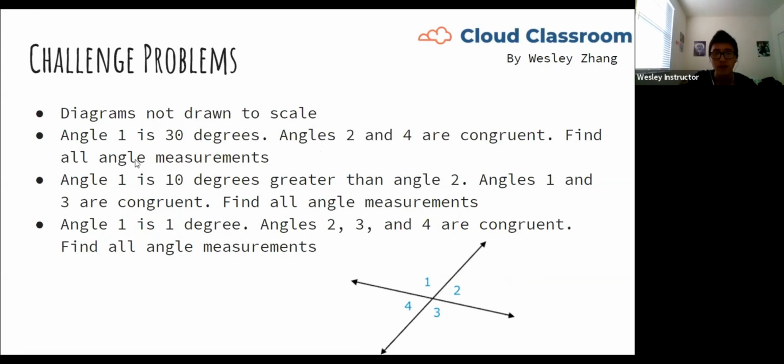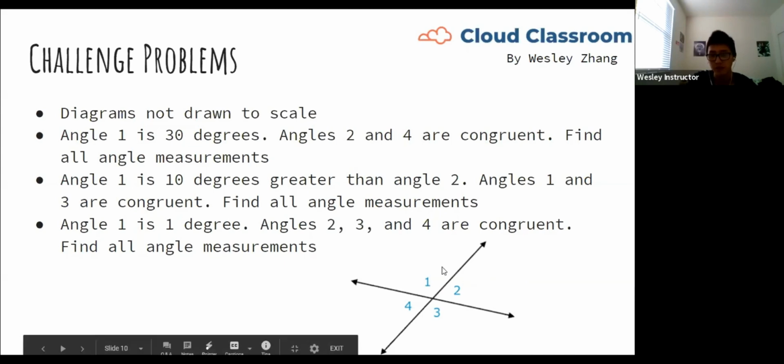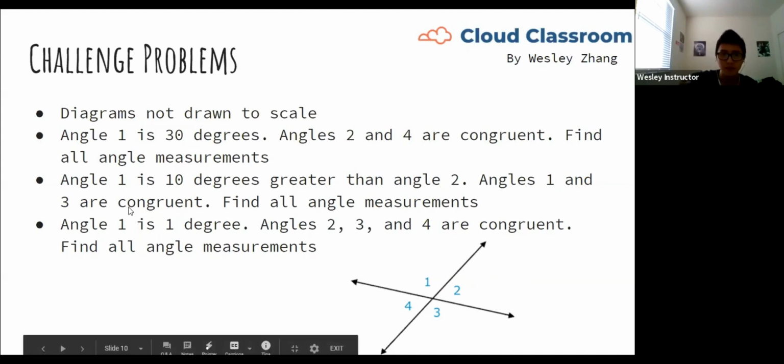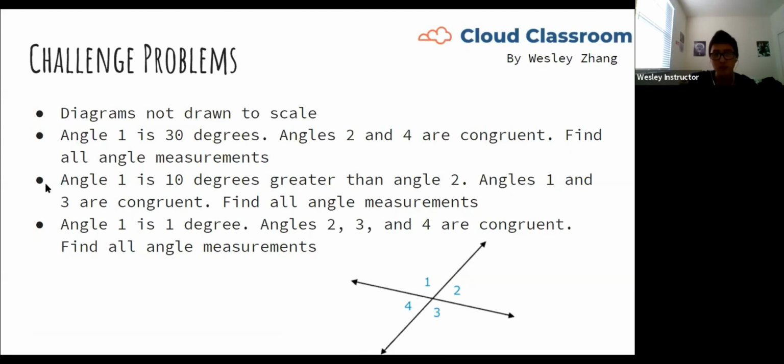All right, angle 1 is 10 degrees greater than angle 2. Angle 1 and angle 3 are congruent, but we know that already because they're vertical angles. Find all angle measurements. We need to set up another algebra equation. Angle 1 is 10 degrees greater than angle 2, so angle 1 is x plus 10 and angle 2 is x.